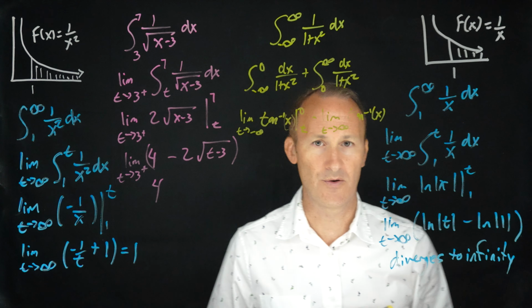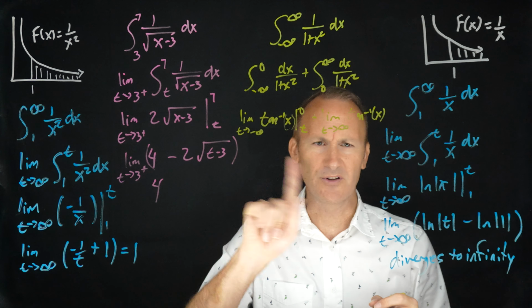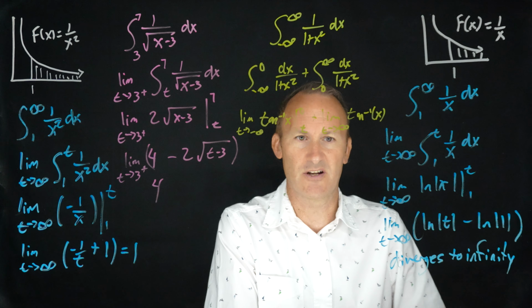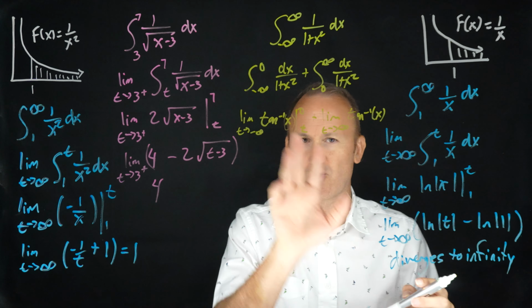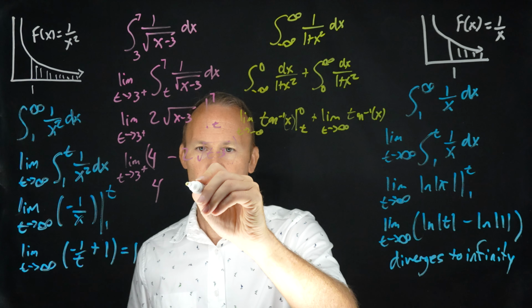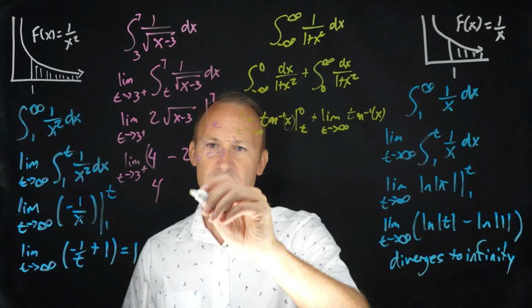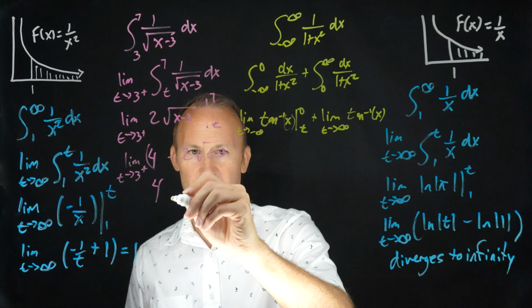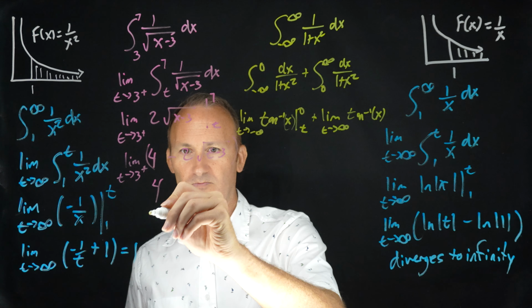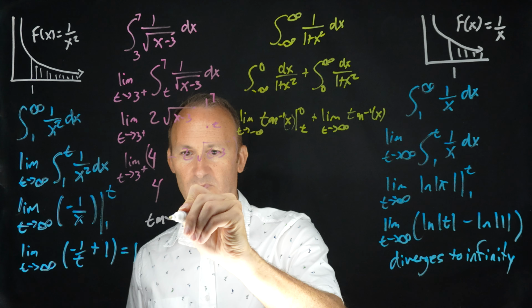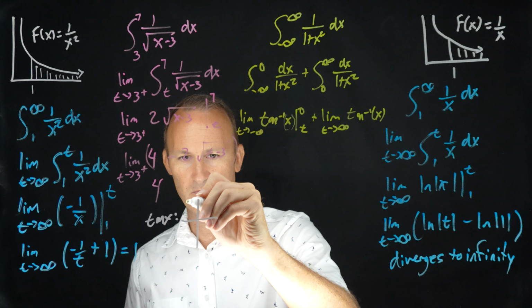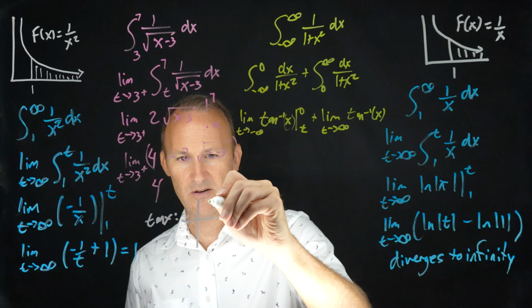Okay, so what are the limits as t approaches positive and negative infinity of tangent inverse of x? I think we need a drawing for this one. If you know the tangent of x, let's just do a couple. Tangent of x is sort of like this, between negative pi over 2 and pi over 2.